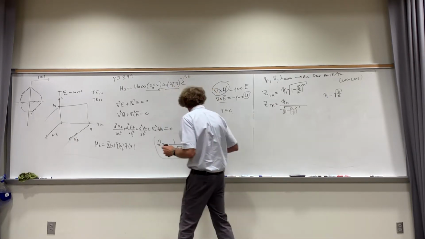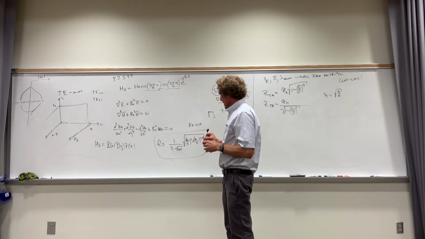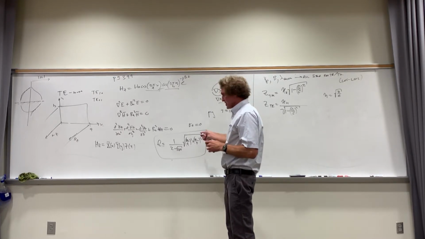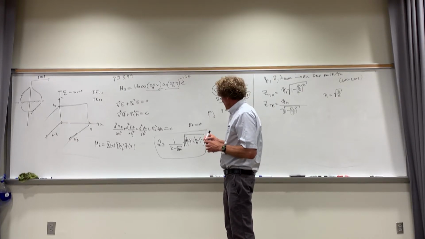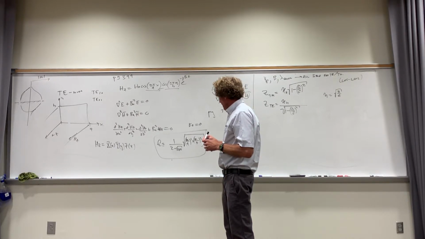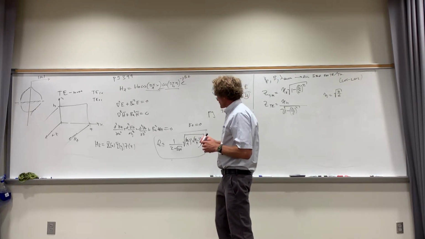I had written this down earlier, didn't I, class? Cutoff frequency is 1/2 square root of mu epsilon over this stuff, right? So these are the cutoff frequencies associated with the M and N mode, but I want to show you this. For the TE mode, this would be MN.